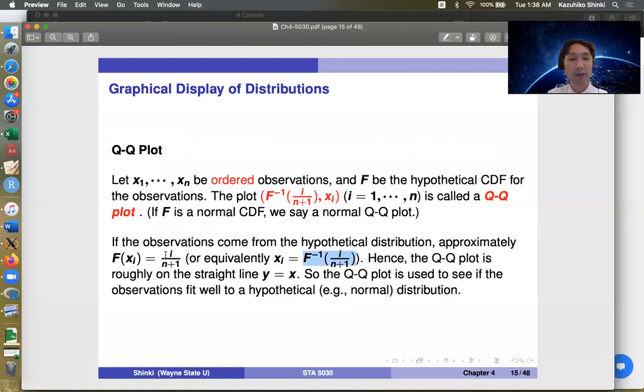So we use 1 over n plus 1 to n over n plus 1. In general, these points lie roughly on the straight line y equals x. By looking at the deviation from y equals x, you can see whether or not observations come from the specific distribution F.